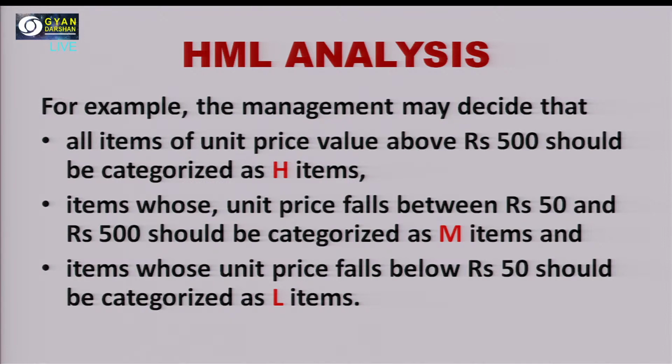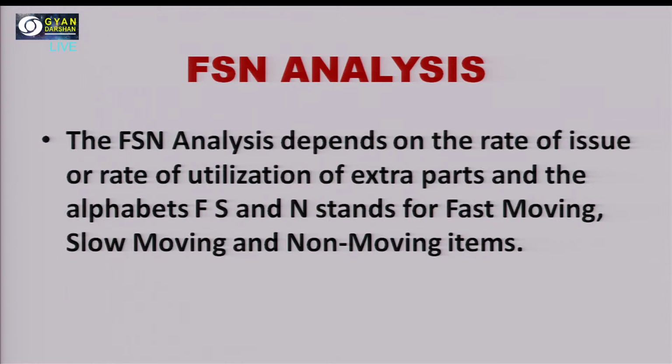Suppose a company has items priced above 500, then we call them high and categorize them under H. If the price of an item is between 50 and 500, we categorize it as medium and give the symbol M. Items whose unit price falls below 50 are categorized as low, and the symbol is L. This is called HML analysis.